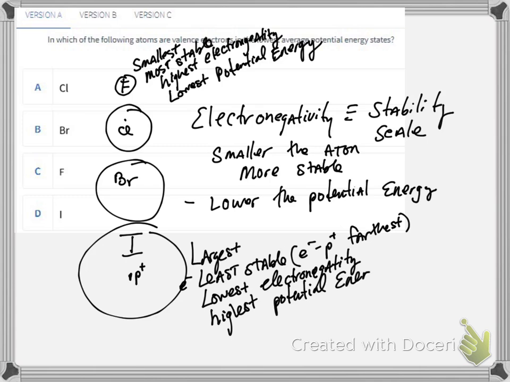So for stability and potential energy, since potential energy is negative, we have to consider that. So when we think about potential energy here, remember, this is a negative quantity.